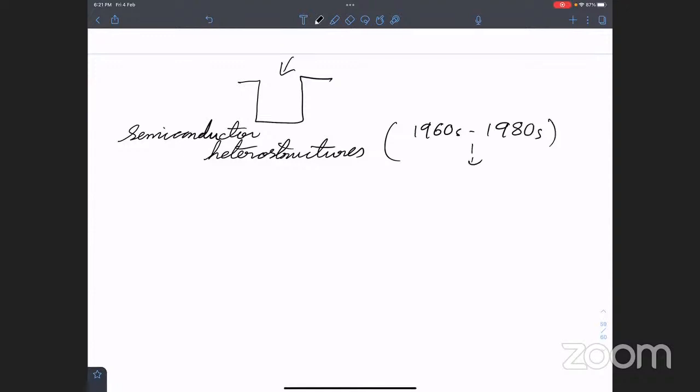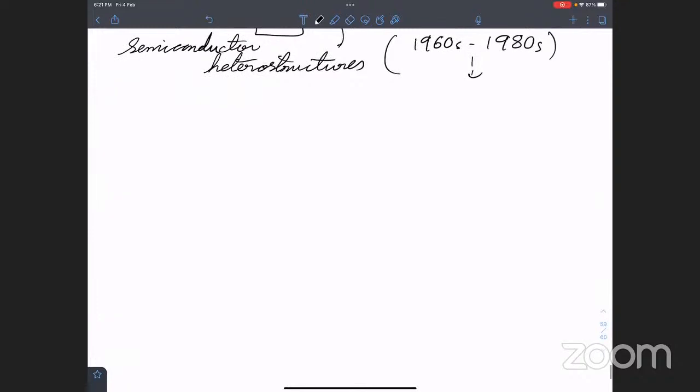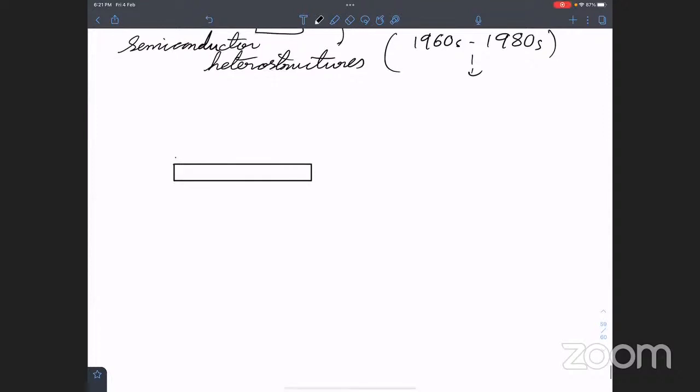So what were these people doing? Everybody knows about potential wells and so on. They were trying to see whether they can build potential wells in real life and observe these quantization effects. And how did they do that? This is how they did that. It was all made possible by depositing multiple semiconductor materials one on top of each other.